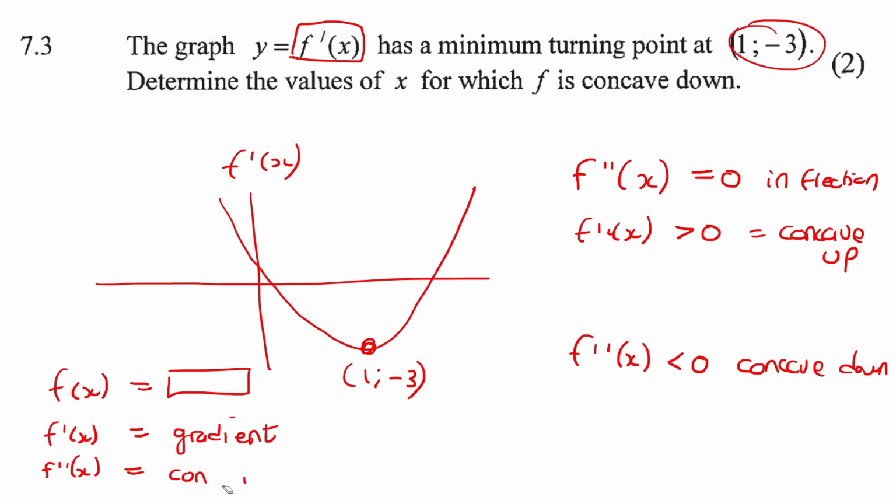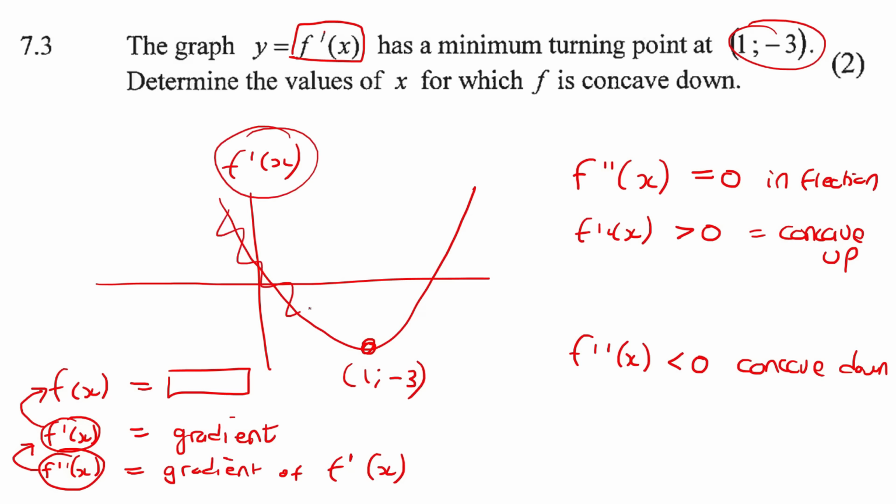But another thing that I want to mention is that if the first derivative is the gradient of this graph, then the second derivative will just be the gradient of that graph. So this one will be the gradient of that one. So if the second derivative is the gradient of this graph, then you can see what the gradient is at any moment.